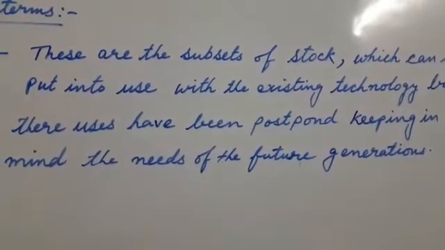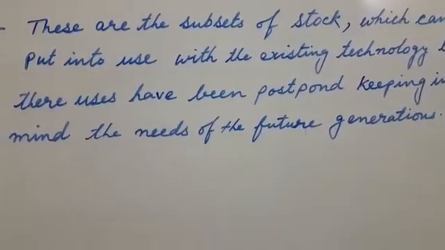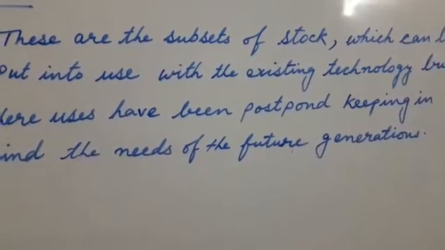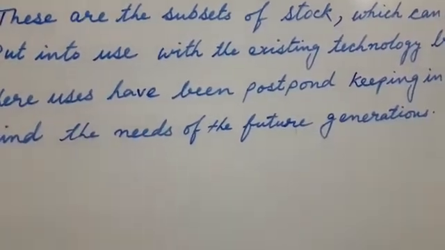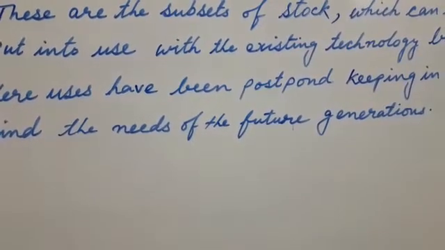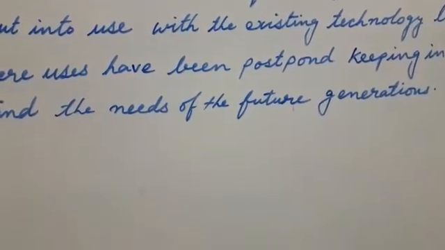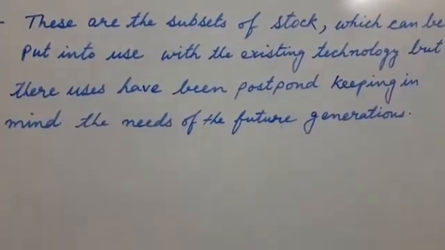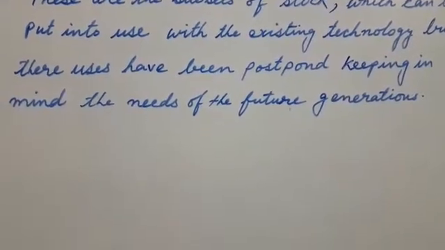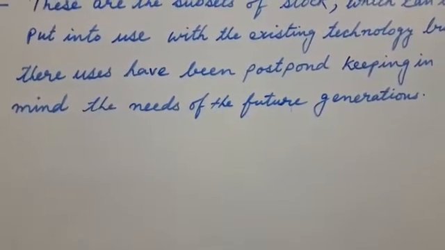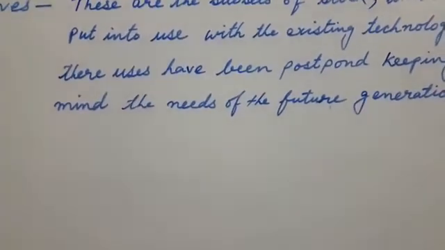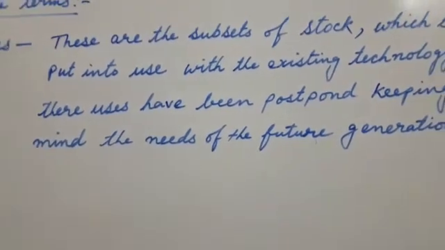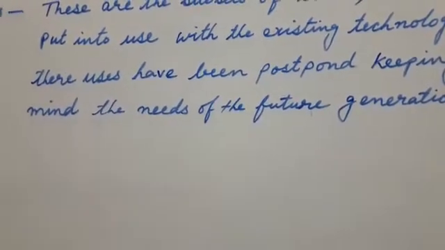What do you mean by this? For example, I am telling you, India has sufficient amount of forest to fulfill the needs of the present generation, but they have been preserved, protected for the future generation.